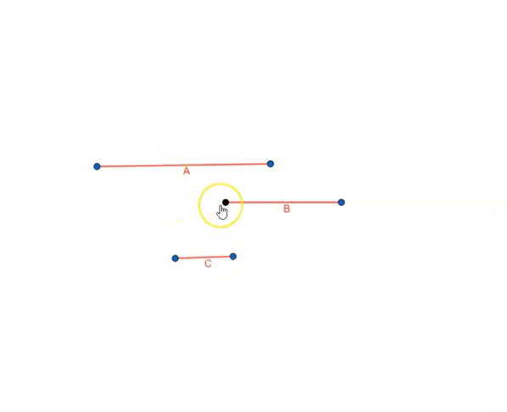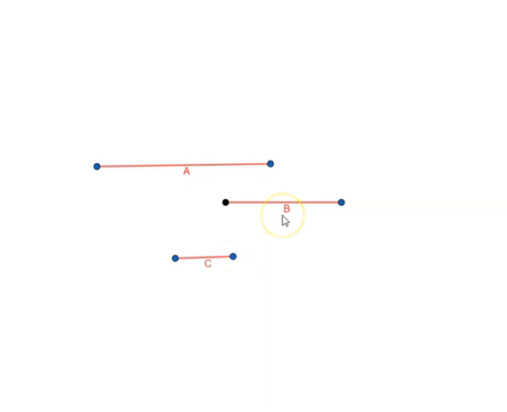Can it be equal to A? No, it cannot be equal to A. Why? Because if they are equal, then the ratios have to be equal, and here we are given that these two don't have equal ratios. C by B is not equal to C by A, based on 5.7.